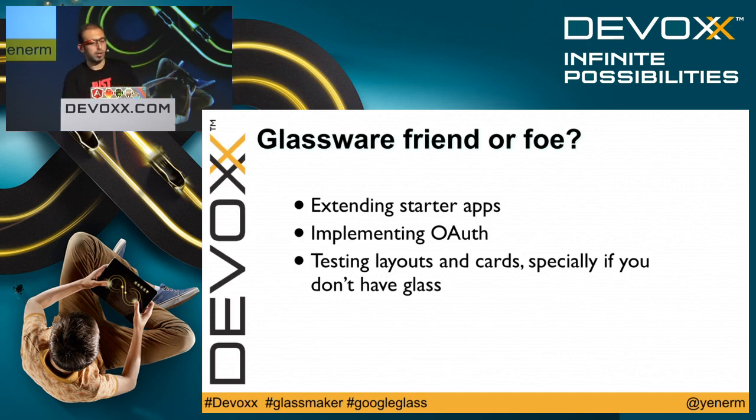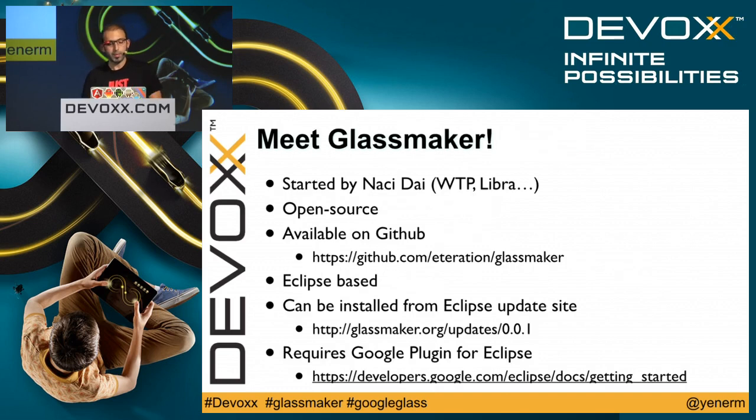You can start by downloading a starter app and extending it. You need to implement the OAuth flow, which can be troublesome if you're not really familiar with the process. You need to test the layouts, which are actually HTML pages, so you can use a browser, kind of. But still, it would be a little different and hard if you don't have a Glass. And also, you need to find some tricks to make Google think you have a Glass, so they enable the API for you.